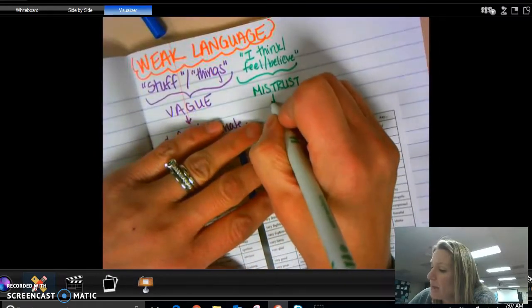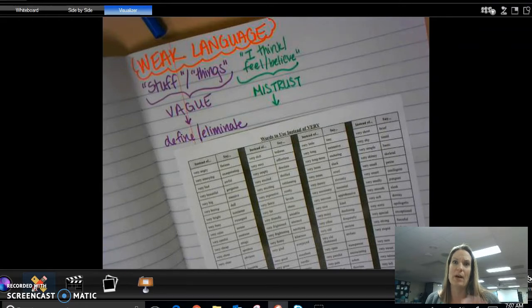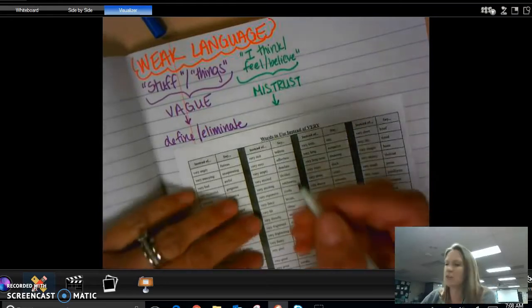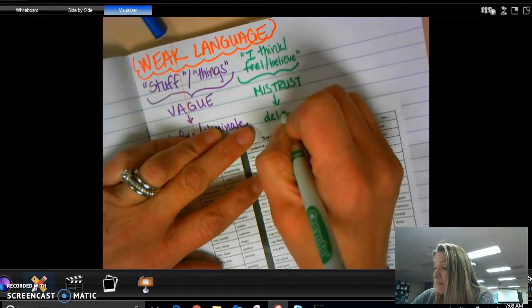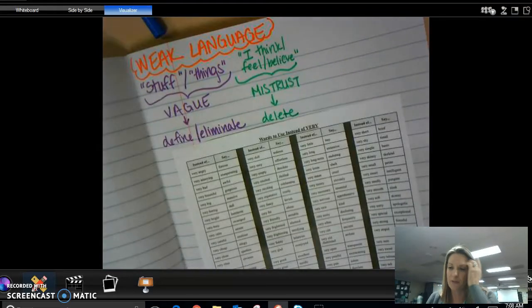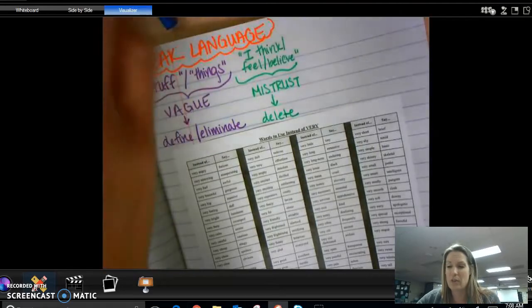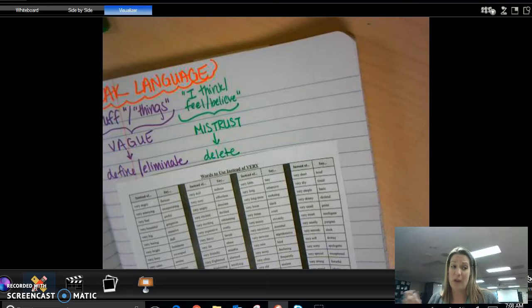But what happens is your reader is like, oh, well, just the writer thinks that, therefore it's not truth. And so you want to make it so that it's not just about what you think and what you feel, but that it is about the truth as you see it, but you don't have to put that part in there. So basically with I think, I feel, I believe, you just delete it. If you write that on there and then you delete it off of the top of it, it'll sound just fine usually, or you may have to rework a couple of things, but overall the saying's going to work just fine.